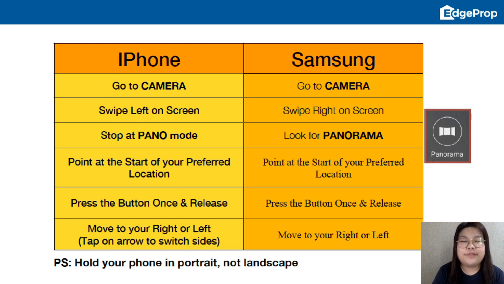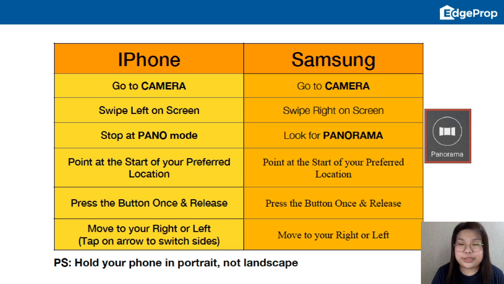Okay, so most of it you just need to locate the Pano function, and you can choose your start point. It could be either from left to right or right to left, okay? And then you just need to press the button to start and then stop once you are done, okay? Remember that you must hold your phone in the portrait format, and not in landscape, okay?